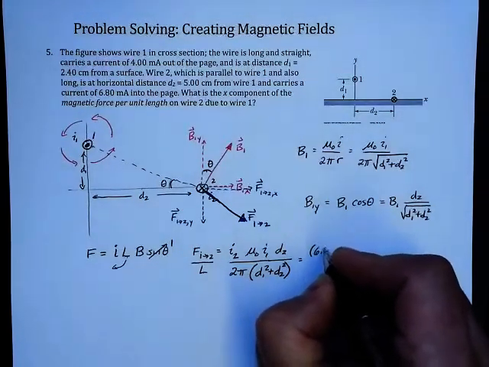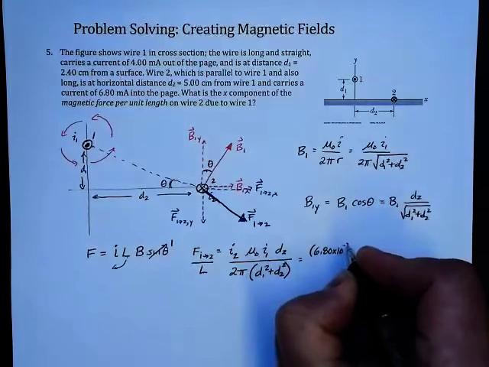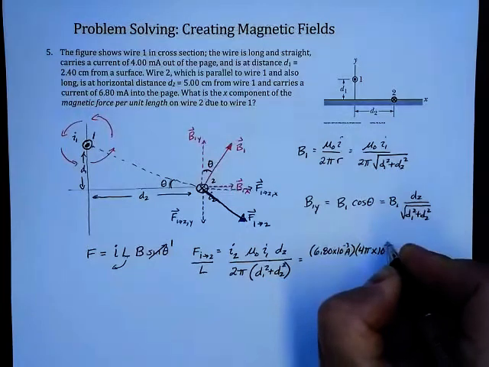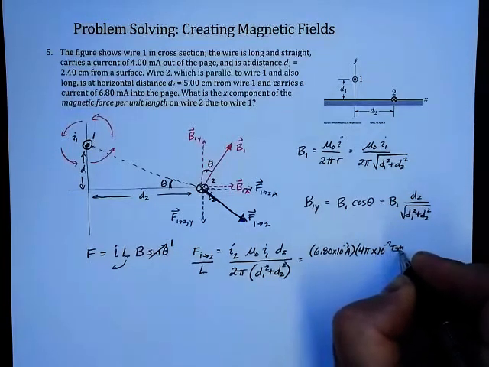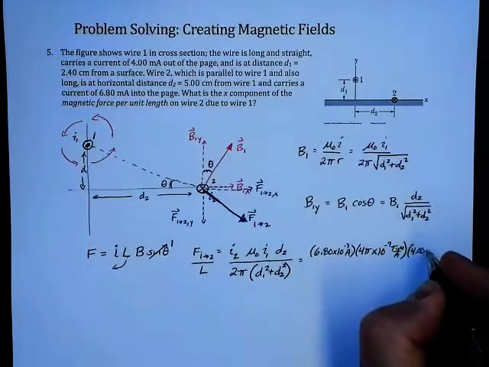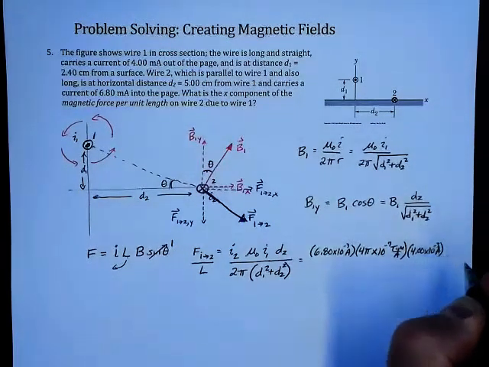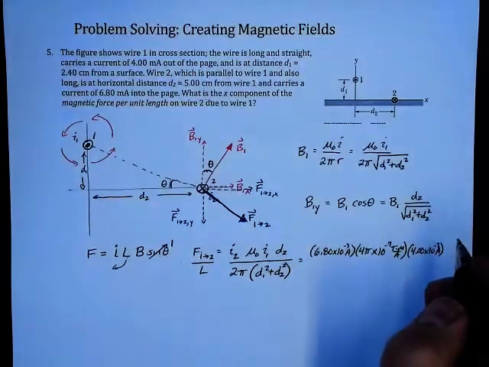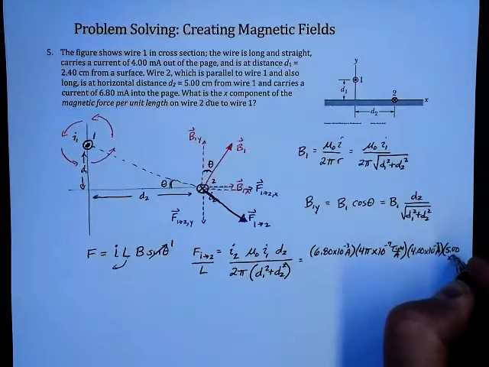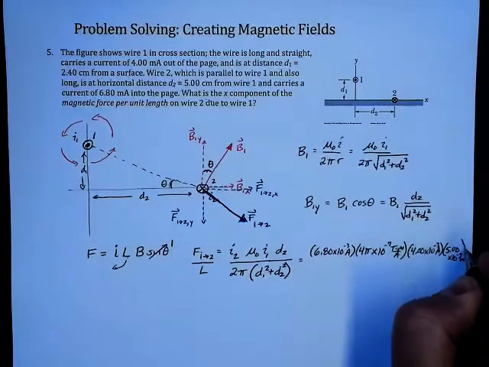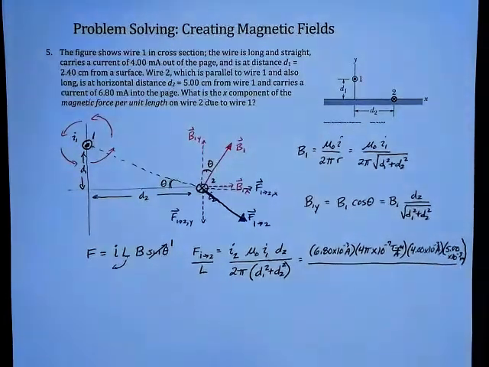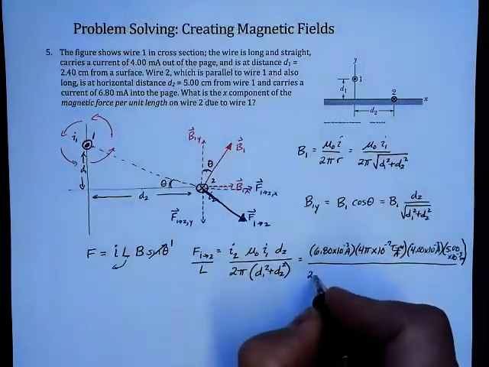I2 is 6.8 milliamps, so 6.8 times 10 to the minus 3 amps. Mu 0 is 4 pi times 10 to the negative 7 tesla meters per ampere. I1 is 4 milliamps. D2 is 5 centimeters, so 5 times 10 to the minus 2 meters. And that all goes over 2 pi.